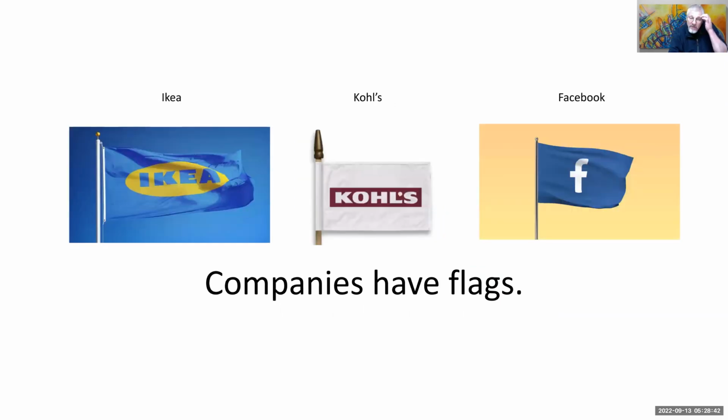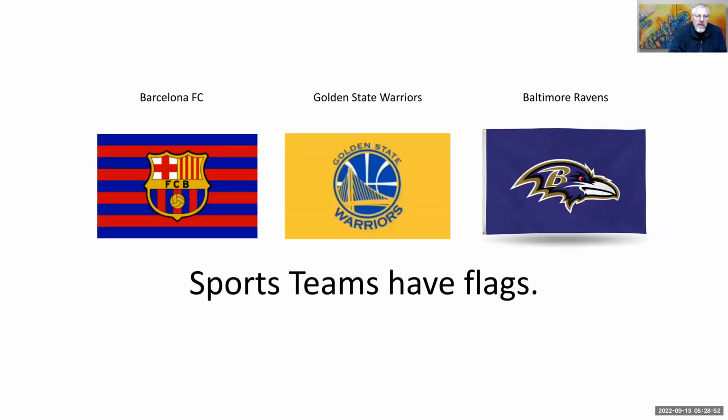Some companies have flags, like IKEA and Kohl's. A lot of times it's their name and their logo. Sometimes it's just their logo, like Facebook with the F. A lot of sports teams have flags, like Barcelona, Golden State Warriors, and the Baltimore Ravens.